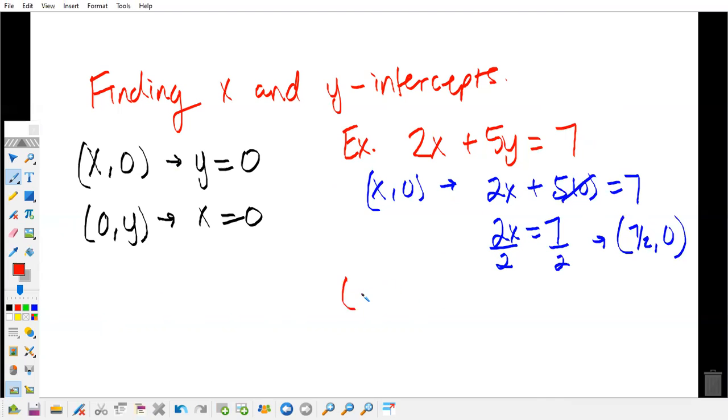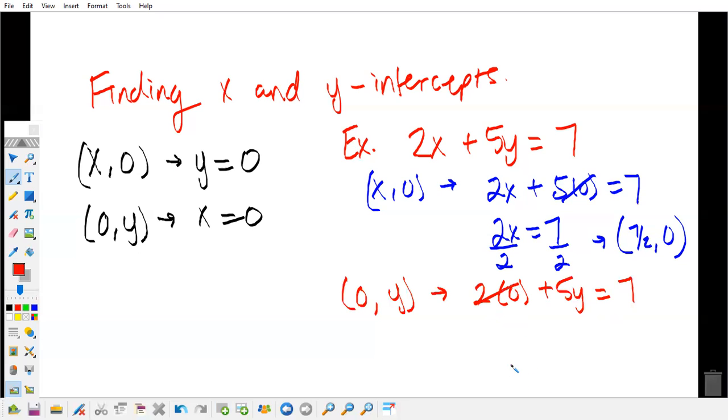Y-intercept. So if I need to find the y-intercept, 0, y, what am I doing? Plug the same thing, but this time for the x. So my x is going to be 0 plus 5y equals 7.